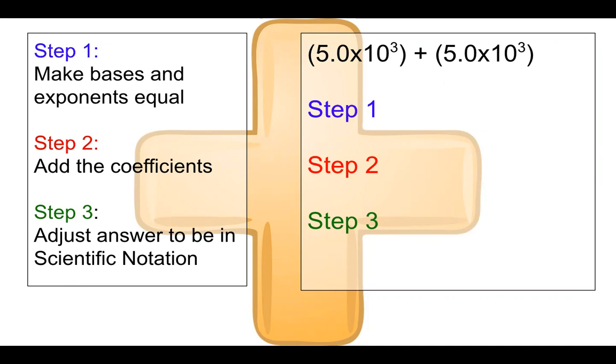Okay, so what I know is that if I expand these problems, I would write my 5, and then I would count from where I am, 1, 2, 3, and fill in my zeros. What I'm actually looking at is 5,000 plus 5,000, which would equal 10,000.